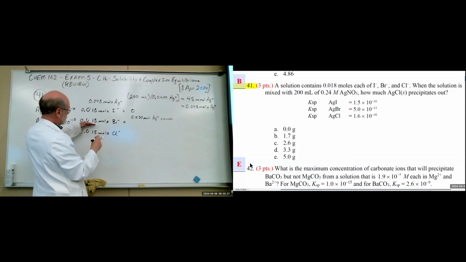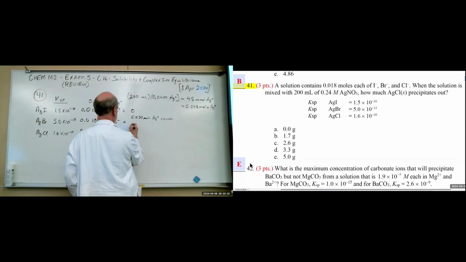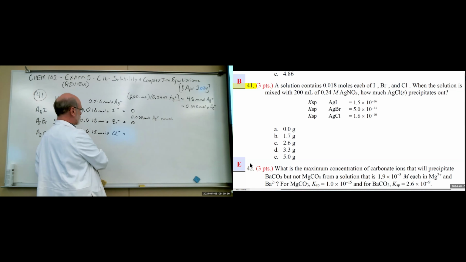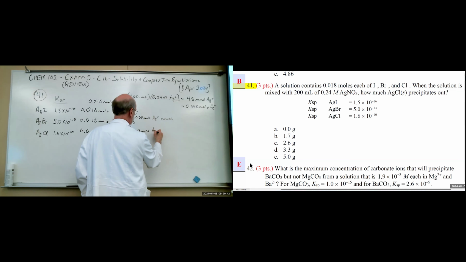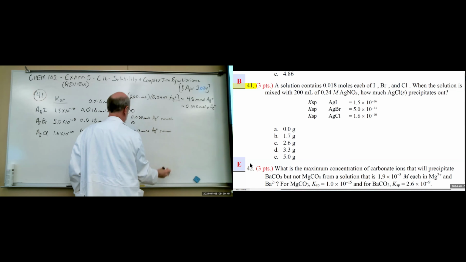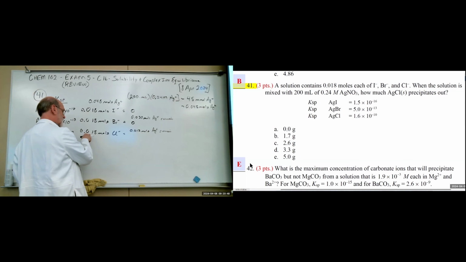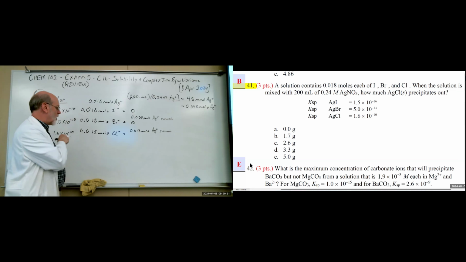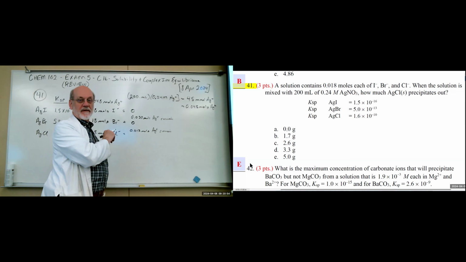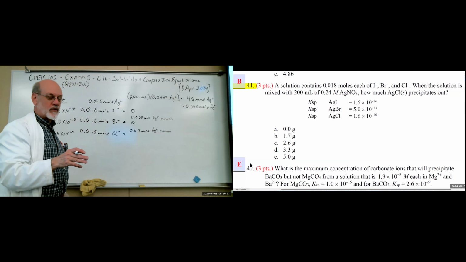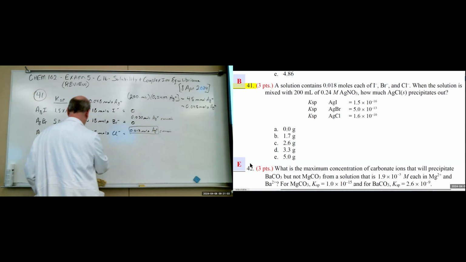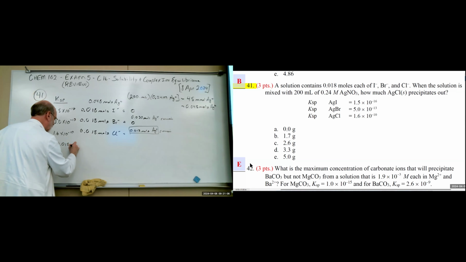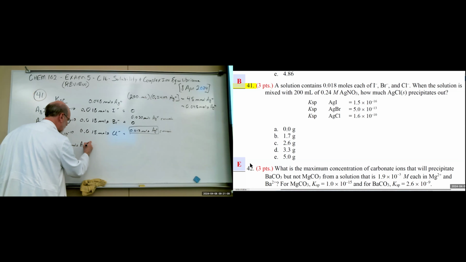The next one is going to take 0.018 out of that, so we have 0.012 moles of silver remaining. It's not going to consume all of the chloride because there's not enough silver. So when the question asks how much silver chloride precipitates, it can only precipitate this much: 0.012 moles of silver chloride.